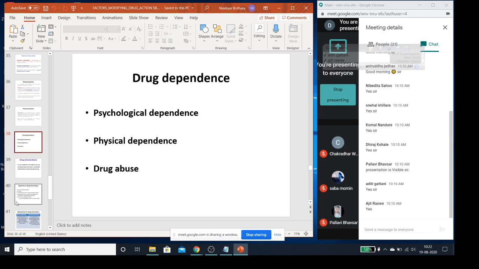Psychological means mental craving is there. Mental craving means if it is not there, the person will behave like a psychiatric person, cannot do without it, and will do anything for it. Physical dependence means the body will crave for it, and there will be either pain in the body, vomiting, and situations like that. That is called physical dependence. So this kind of drug dependence is there.